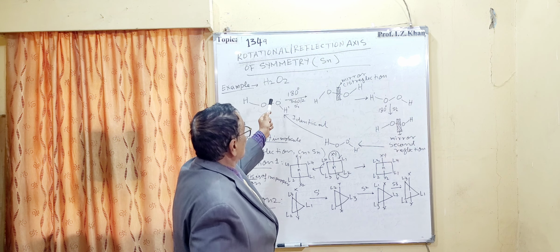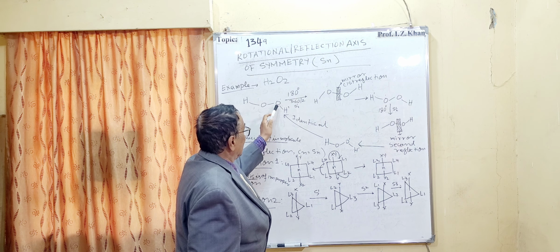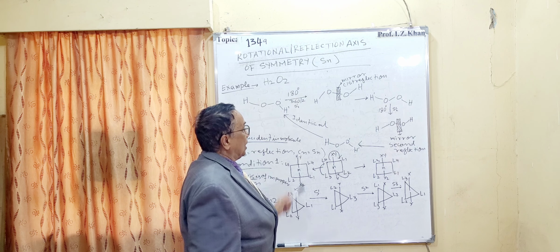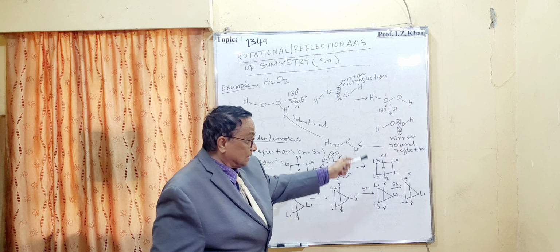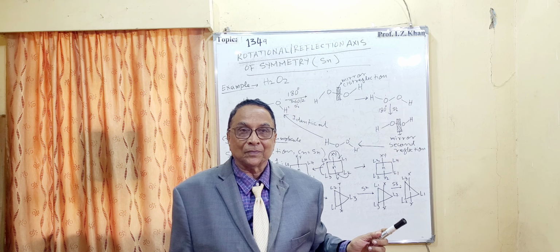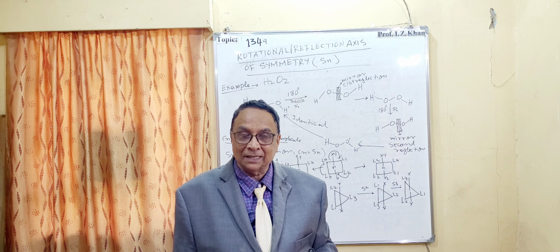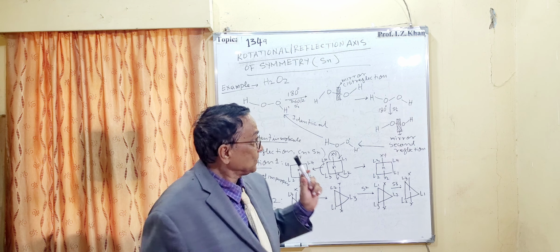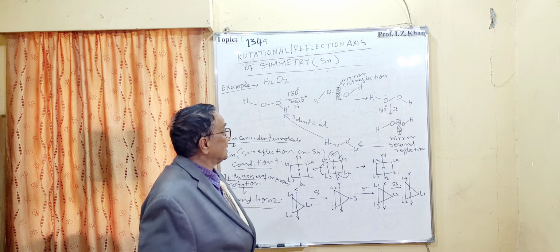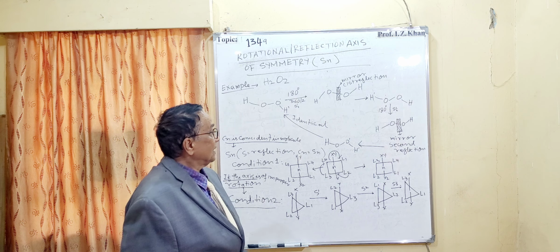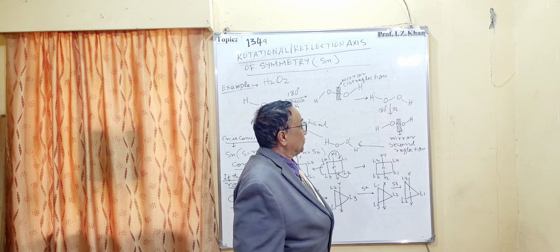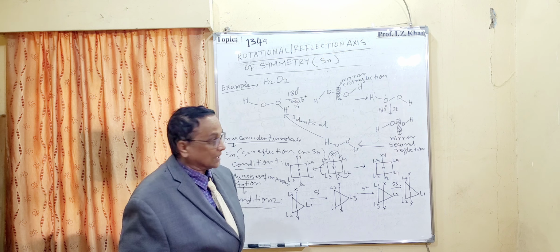So here I have given you this example, H2O2. The H2O2 molecule is here, and here I have put dashes on the oxygens to show how it comes. After all this cycle of rotation and reflection, does it show the same identity as the first one or not? First, when it is rotated by 180 degrees, then its mirror is there, and this is its first reflection after the rotation.